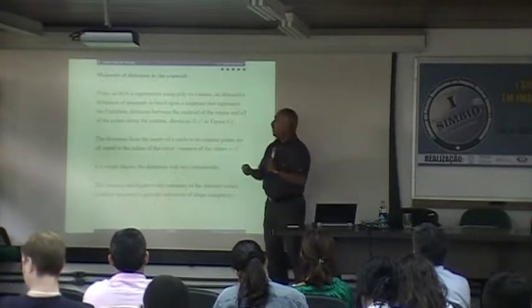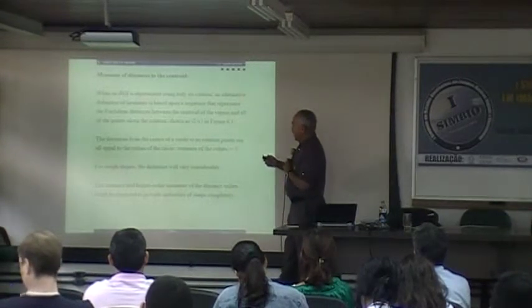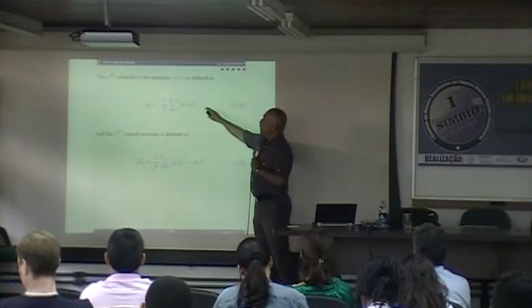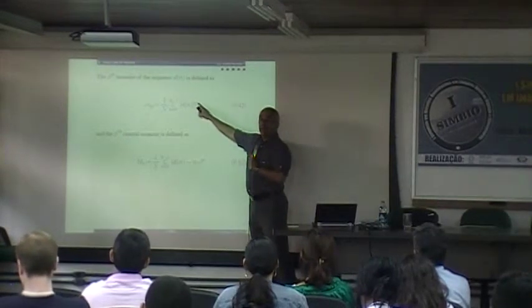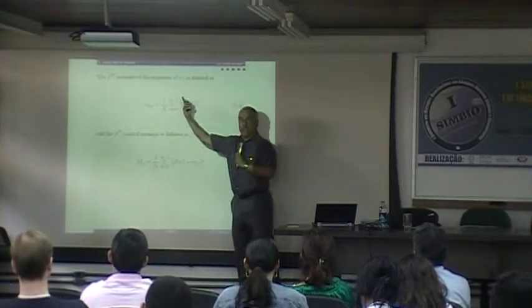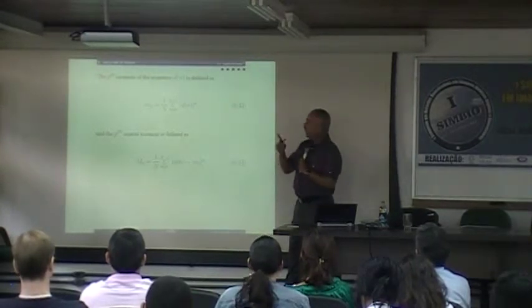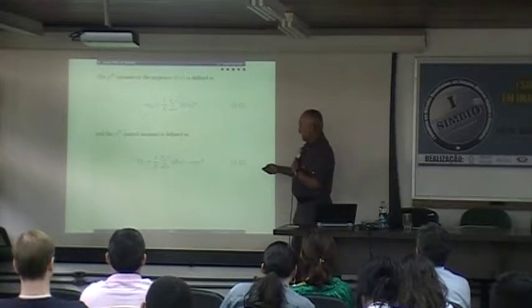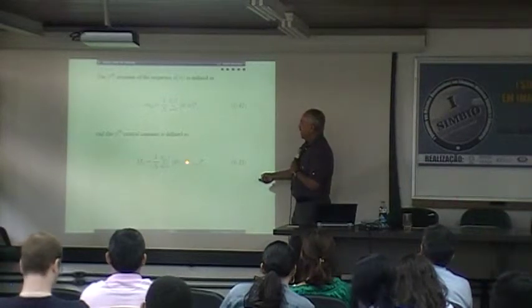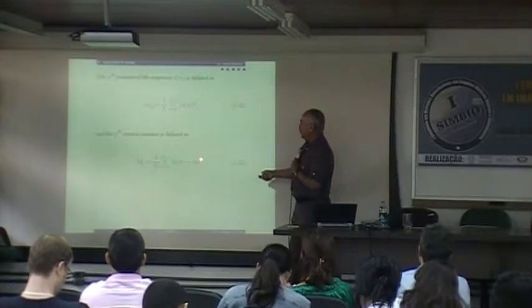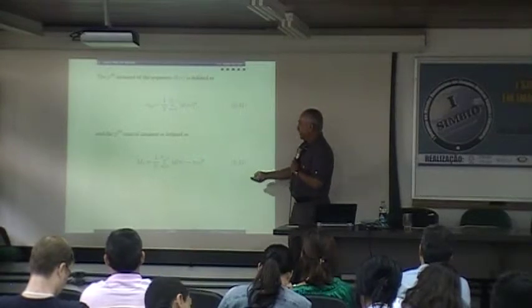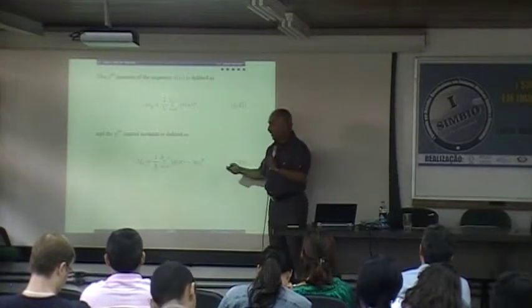And you can take higher order moments. So the moments are dn to the power of p for all n, normalized. If p is equal to 1, this is just the mean. And you can take the central moment, dn minus m1 to the power of p. If p is 2, this is variance.